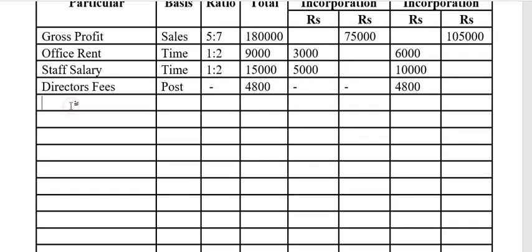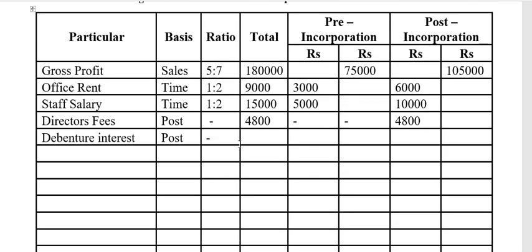So after director's fees, debentures interest, the basis is post, and the total debenture interest is 5,000. Write the amount under post incorporation on the debit side, 5,000.